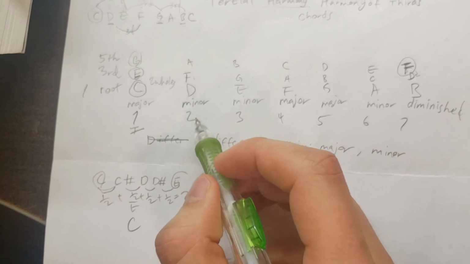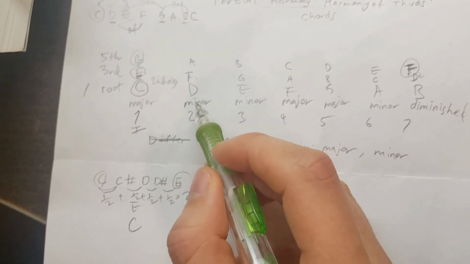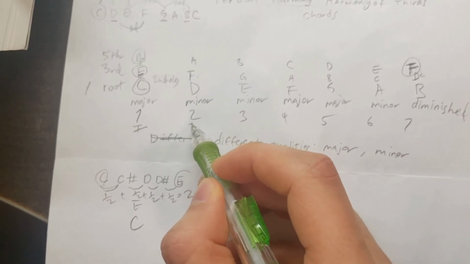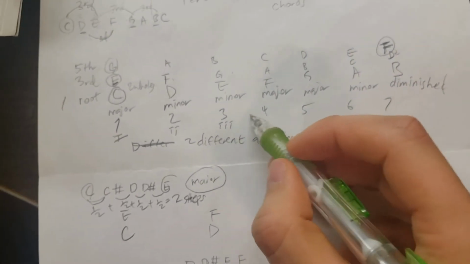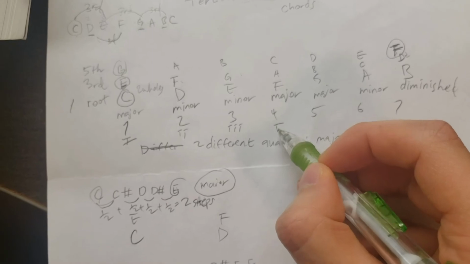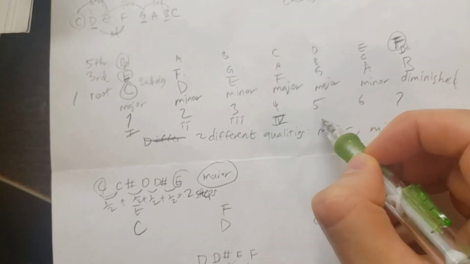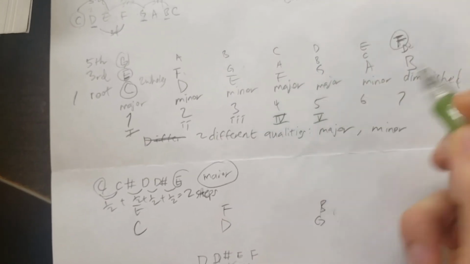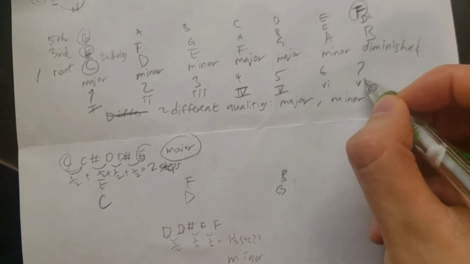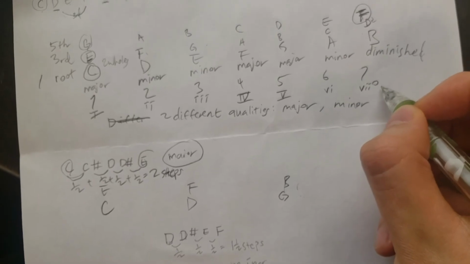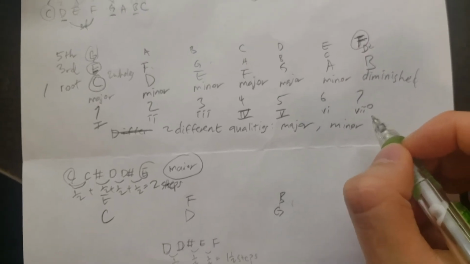And since D F A is a minor chord, D minor chord, we'll use a lowercase. So minor chords are lowercase, major chords are uppercase. 5 major, 6 minor, 7 diminished. The circle means that it's diminished. But don't worry about this yet.